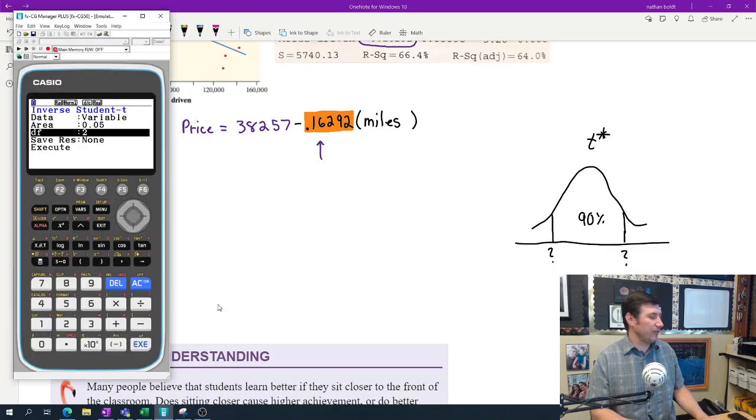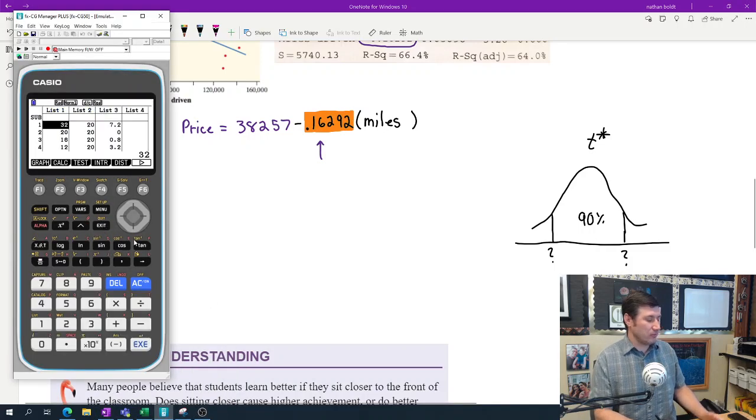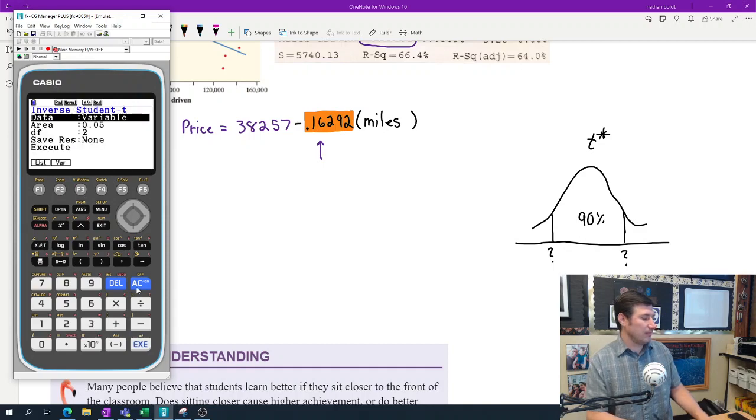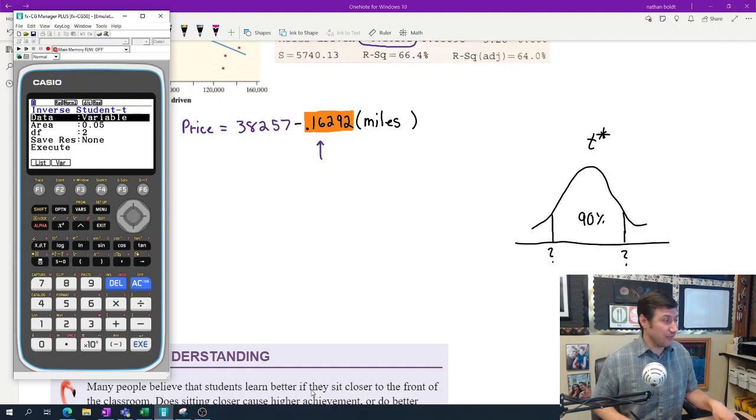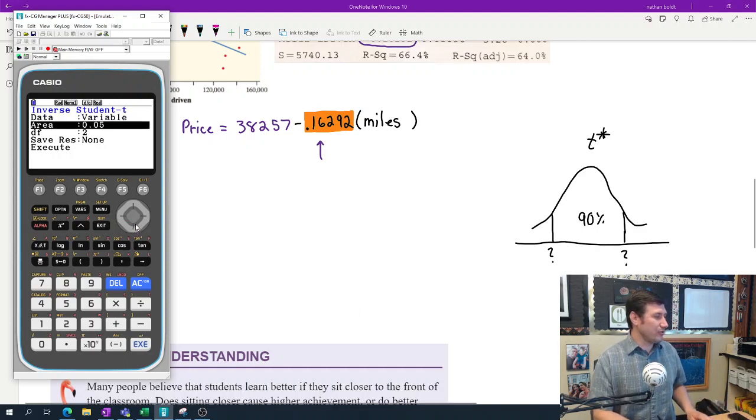Where is my calculator? I've got the Casio right now, so let me do that. So no matter which calculator you have, though, you need to find the inverse t function. Okay, second distribution on the 84. So what area do I need here?